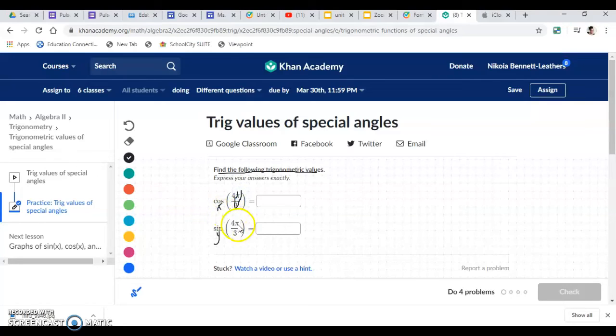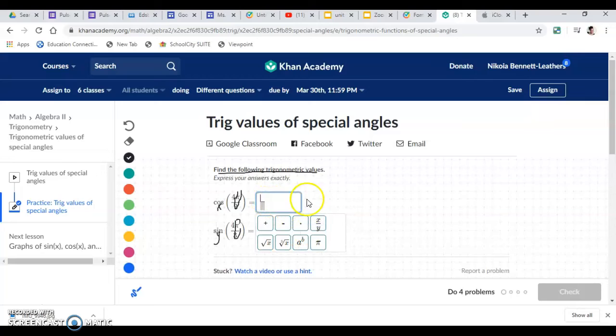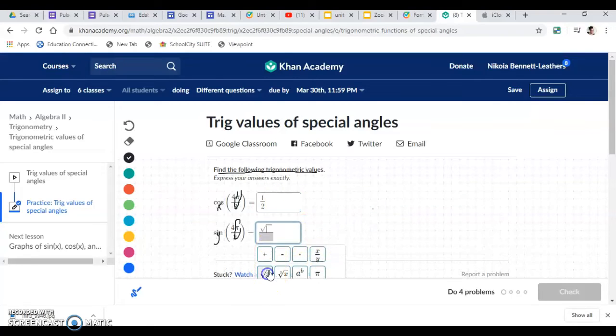My reference angle is pi over 3. So I know that the cosine and the sine of 4 pi over 3 are going to be the same as pi over 3. So I know that pi over 3's cosine is 1/2, and its sine value is radical 3 over 2.